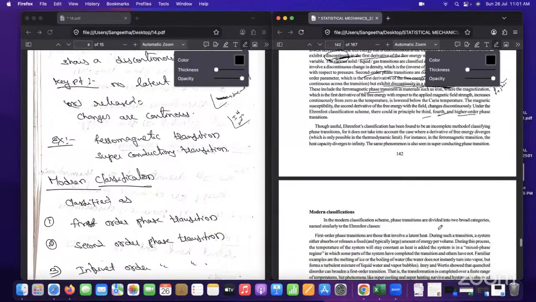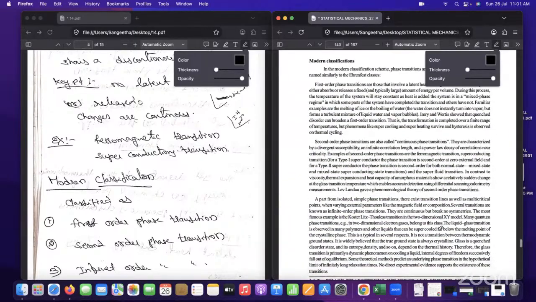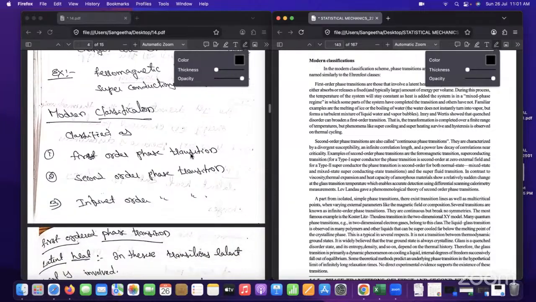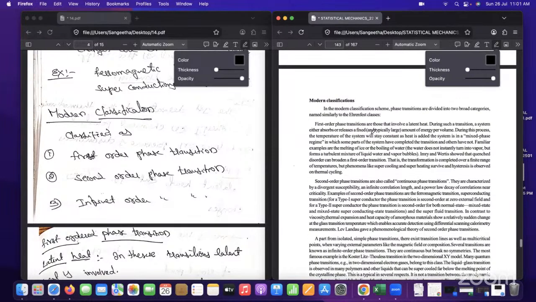Next we will see what the modern classification is. This modern classification is an extension of the first one. Again here we will see what is first order, what is second order, and what are higher orders. In first order phase transition, we use the term latent heat.